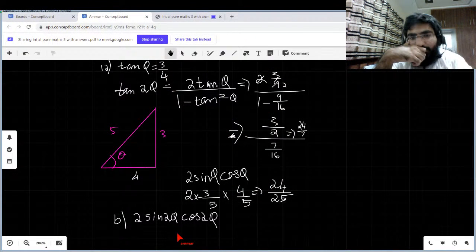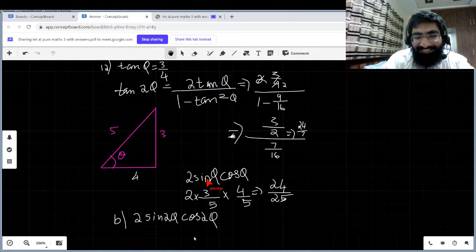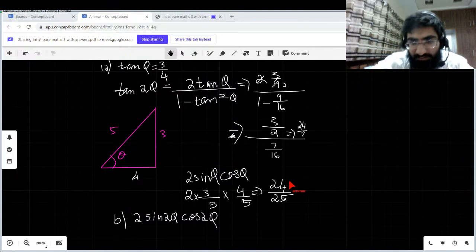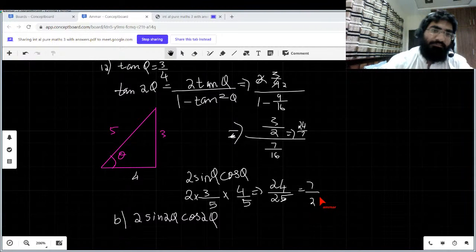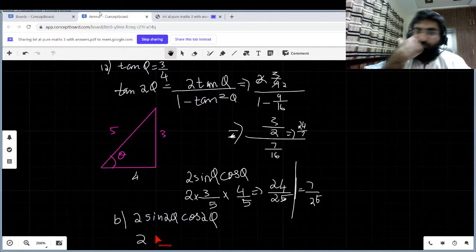But you didn't find out the value of cos 2 theta. 2 into 24 by 25 into 7 by 25. So 2 into 24 by 25 and into 7 by 25.